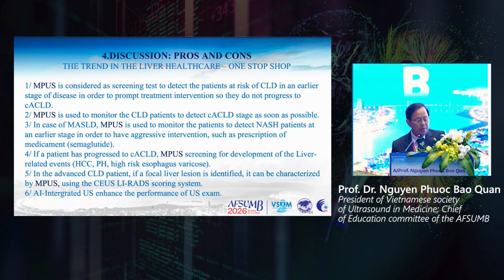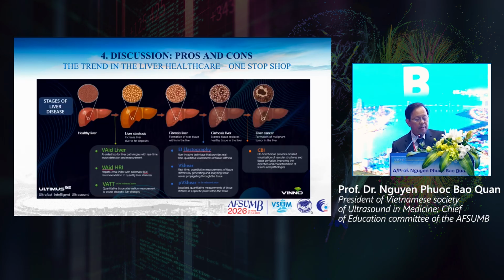Today we can use AI-integrated ultrasound to enhance the performance of ultrasound results. In the VINNO system, we have many multi-parametric ultrasound tools to address chronic liver disease and focal liver disease as well.